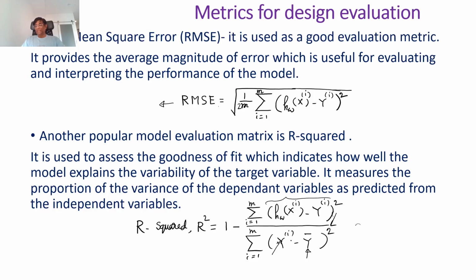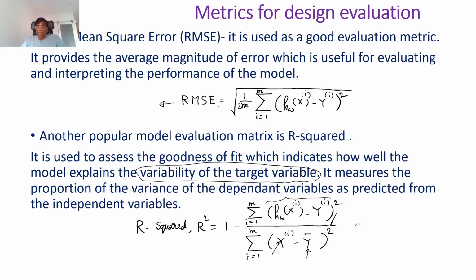This is a very well-known technique actually. You are subtracting the mean from the data to normalize. The parameter R square is trying to assess the goodness of the fit. It indicates how well the model explains the variability of the target variable, and the variability of the target variable which has been created by the dependent variable only, right?